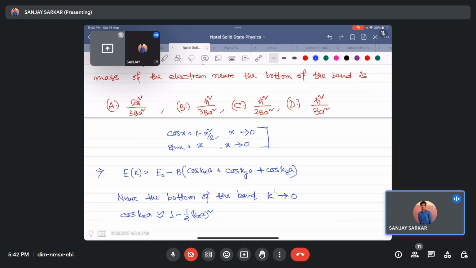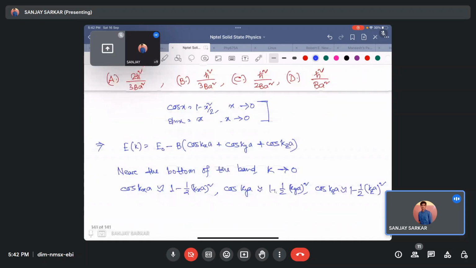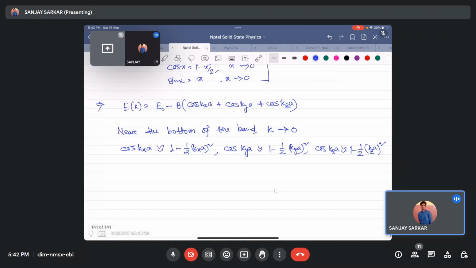And also you can approximate cos kya to be 1 minus half ky square, and cos kza as 1 minus half kza square. Then what will be the dispersion?